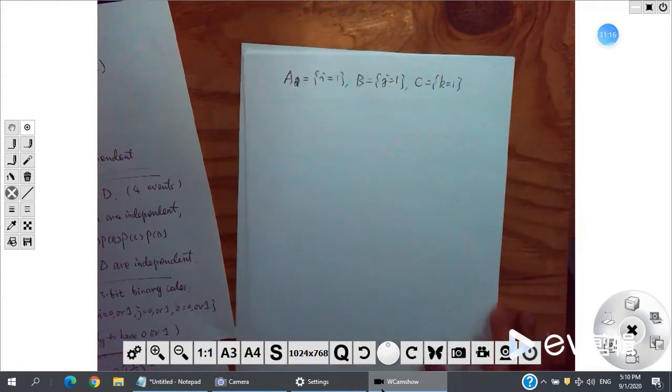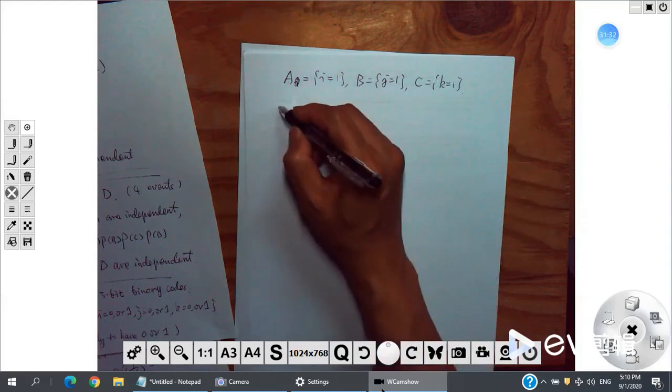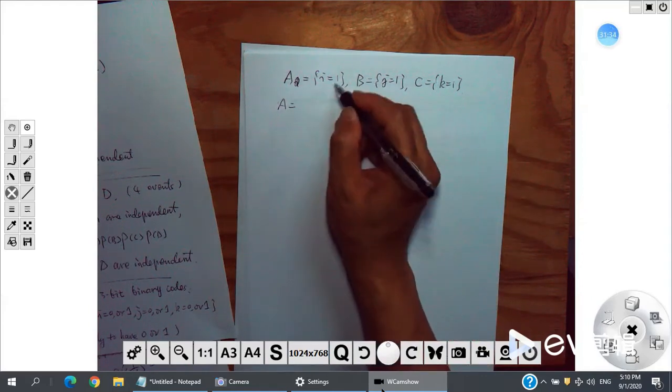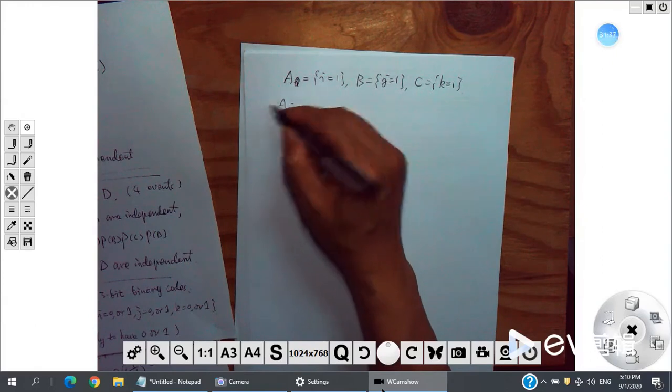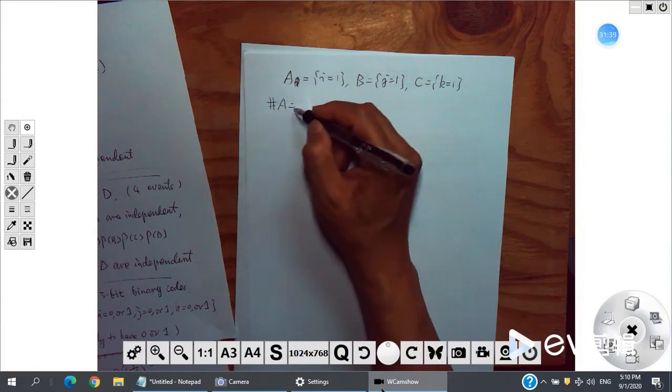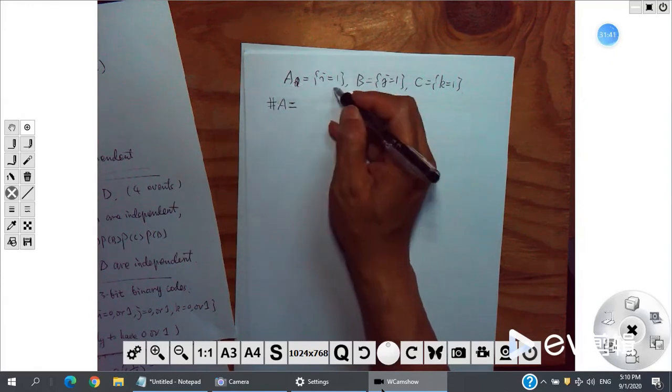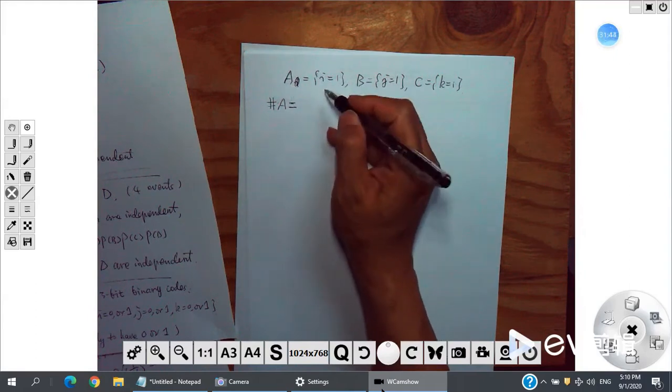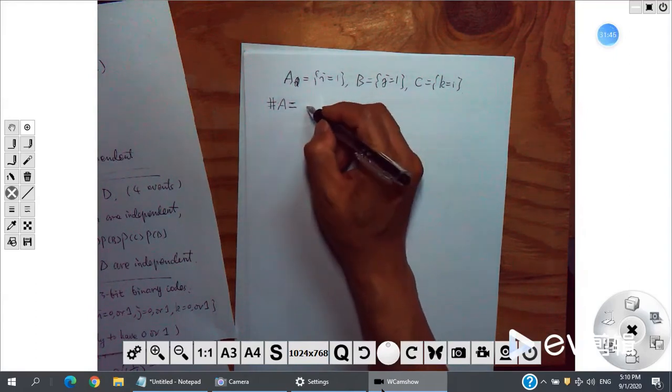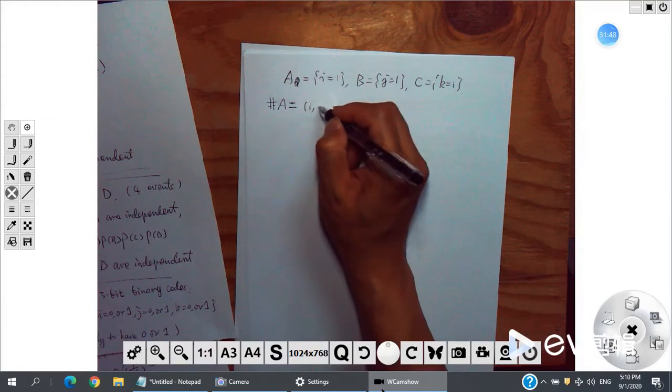So are they independent? I think they should be independent, right? The first bit is 1, and the second bit is 1, or third bit is 1. But we need to do a calculation to check it. So how many elements in A? The first one is 1, and second and the third, J and K any, right? So it will be 1, J and K.